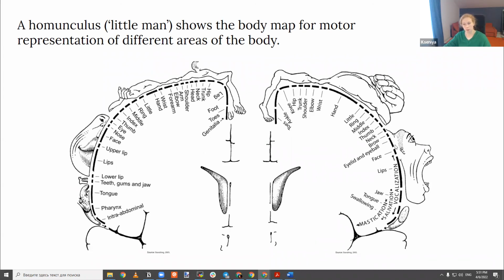And the close physical connection between motor cortex located just anterior to the central sulcus and the somatosensory cortex located just posterior to it allows for a tight coupling between the senses of touch, pressure, and pain and the action of the motor system.